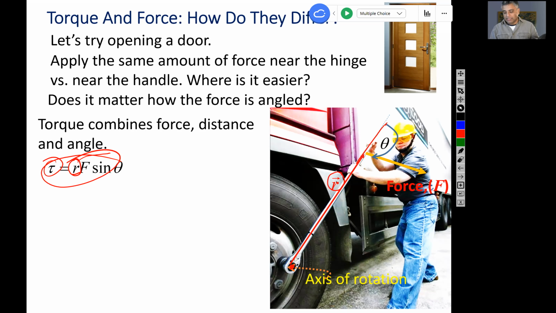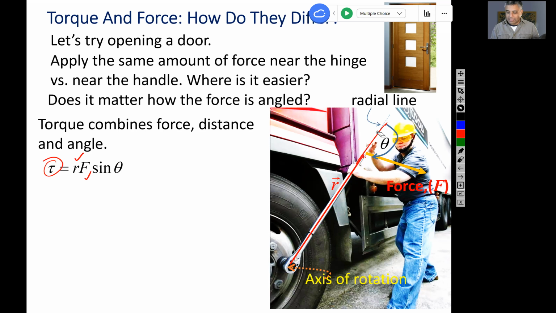And this R is the distance of the force from the axis of rotation. That's the R, okay? And see, both R and F are vectors. So although I said this was a distance, it is basically what we call a position vector.